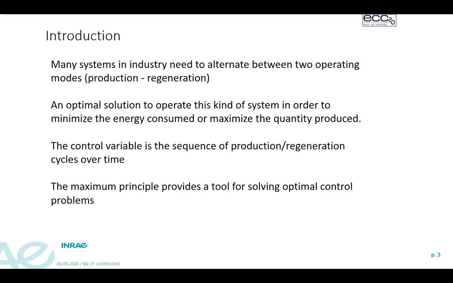In this case, the most appropriate control variable is the sequence of production and regeneration cycles over time, because the time spent in production phase brings us closer to our production goal. In the present work, the generic modeling of such systems is introduced and a cost function where a minimization of energy consumption is considered when the level of the production is feasible.